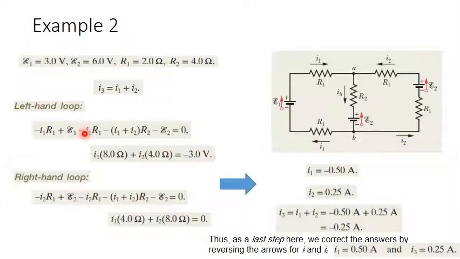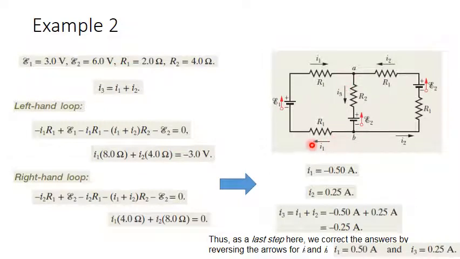Another example. Here we have a multi-loop circuit, and we have three EMF devices, E1, E2, and E3. We have a combination of resistors R1, R1, R2, R1, R1, and it is required to find the currents I1, I2, and I3.